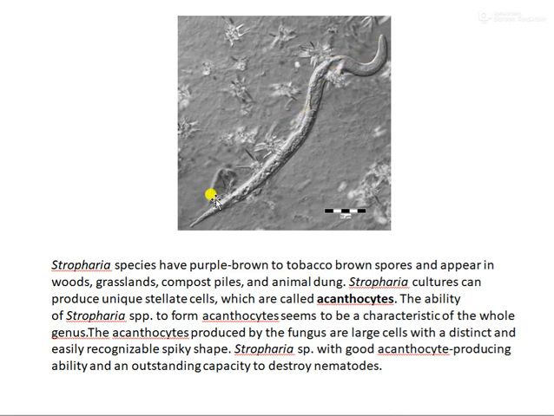This is a microscopic image of a nematode, and we can see that the acanthocytes, the spiky structures produced by Stropharia, are capable of penetrating and harming the nematode. So this is one way by which Stropharia, a commonly found mushroom, produces acanthocytes, enabling it to destroy the nematodes.